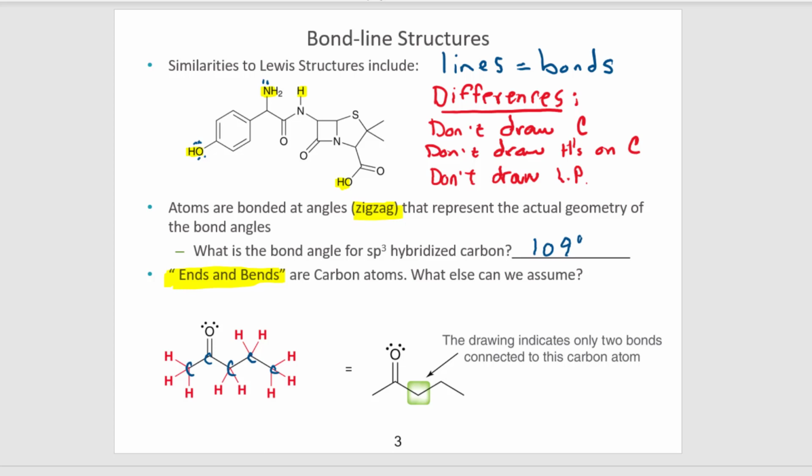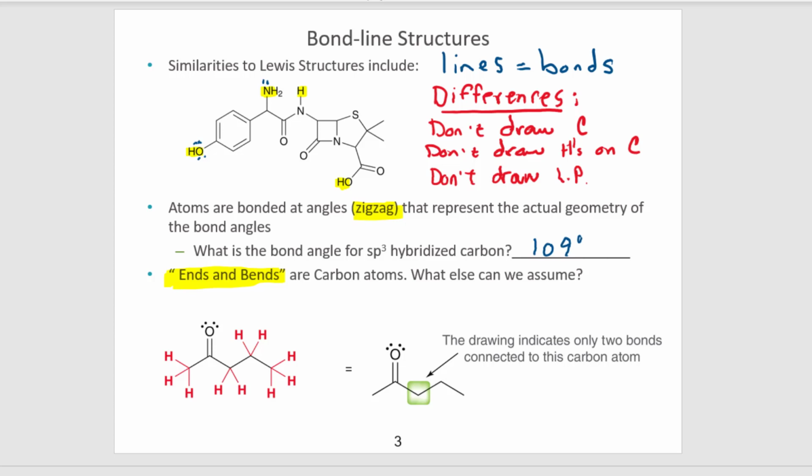So all of the assumed bonds to make up the octet that carbon needs to be neutral, we are going to assume are filled by invisible hydrogens. They're there. We're just not drawing them because we don't want to make our molecule look very hairy. Which molecule would you rather look at, the one on the left or the one on the right? As time goes on, you're going to find that the one on the right is so much easier to read because you're not hairing it up with hydrogens.